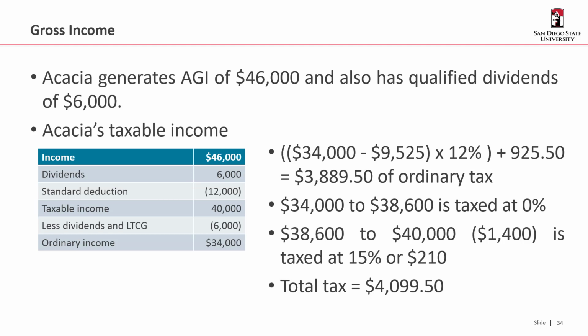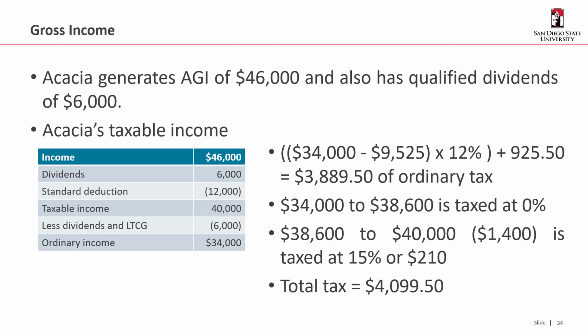We take the 34,000, go out to the tables, and calculate the tax on her ordinary income as $3,889.50. We would then look at the increment of capital gains from the 34,000 of ordinary up to the single taxpayer limit for zero of 38,600. That's all taxed at 0%.